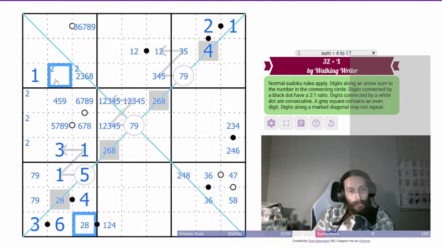If these 2 are 2, then you have to have 2 as one of these, and then that would have to be a 2.